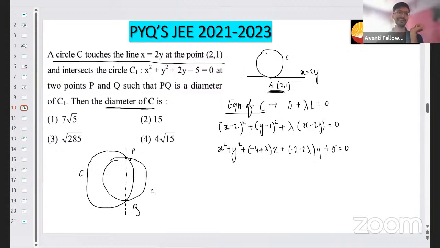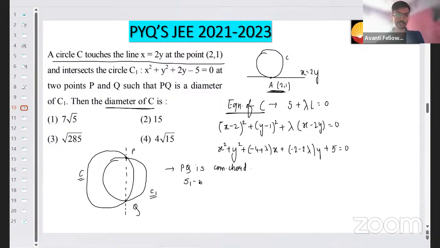This is C, where PQ is the diameter. So we have the equation of C, we have the equation of C1. Let me tell you what this means: PQ is the common chord.